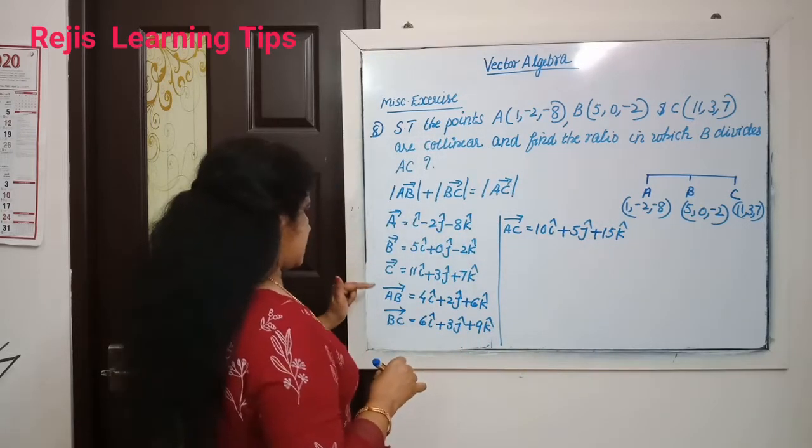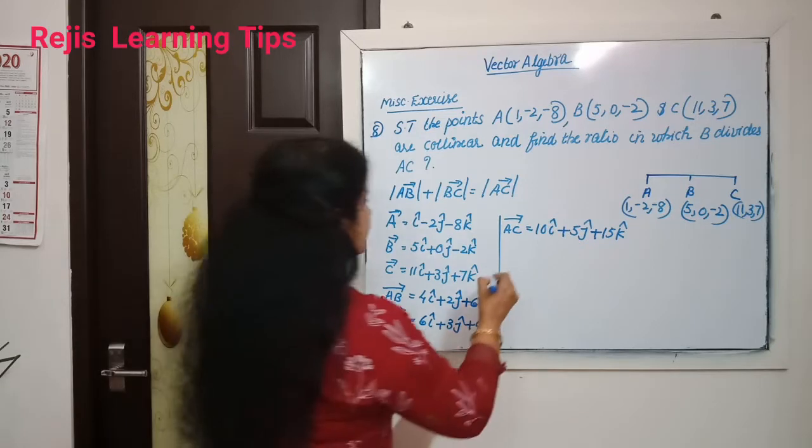Then we should find the magnitude of vector AB.